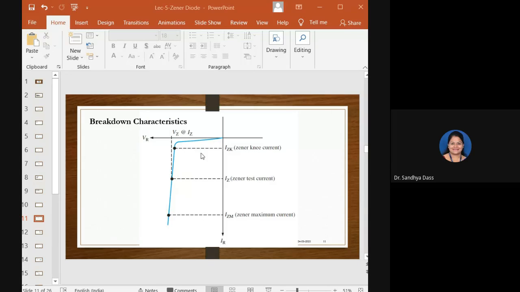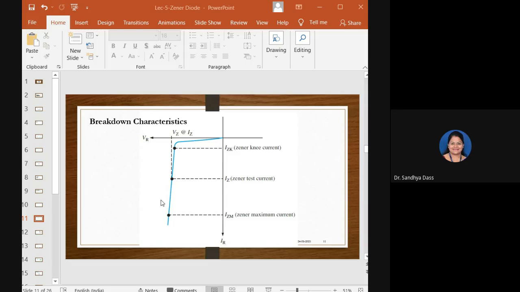A minimum value of reverse current must be maintained to keep the diode in breakdown for voltage regulation, as you can observe from the figure. Also, the current should not cross the maximum current, IZM, above which the diode may get damaged due to excessive power dissipation.